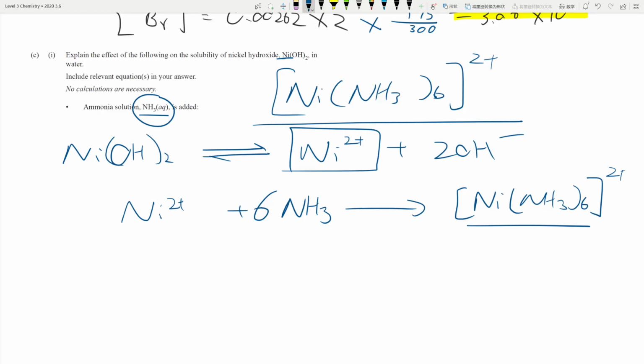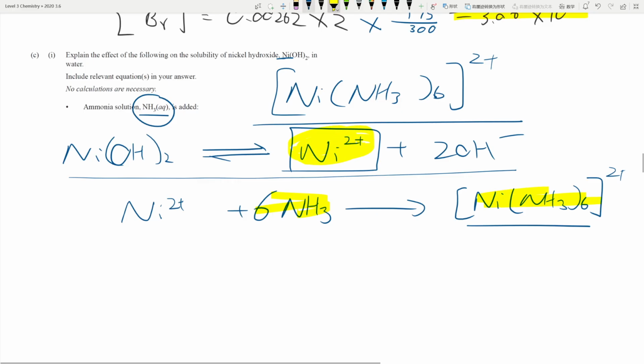The solubility will increase. Why? Because normally if I dissolve the nickel hydroxide in water, it's just going to do the top half of the equilibrium. But in this case, if you add the ammonia, the Ni2+ will react with the ammonia to form this complex ion. As a result, the Ni2+ concentration is going to decrease.